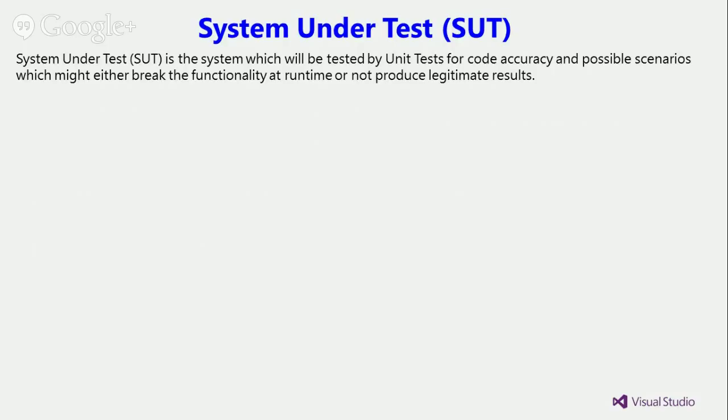So your system under test is basically nothing more than the code which a developer is writing. And how do you write tests around it? How do you wrap it with tests to make sure that functionality is achieved and nothing is broken?